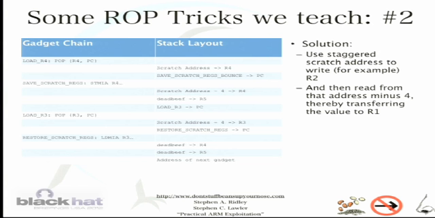So if you need to move R7 to R2 and you can't find anything that will do it, you can always find something that will go from R7 to scratch space to the register you want. Even if you think you can't get the gadgets you need, if you're creative enough, you usually can. Taking advantage of memory reads and writes is a good way to do that.